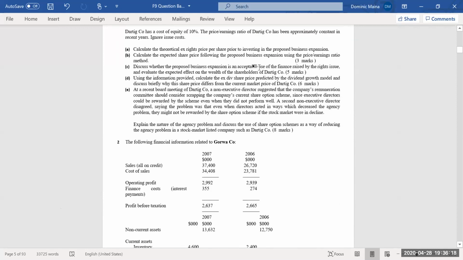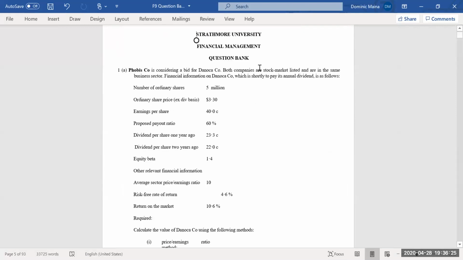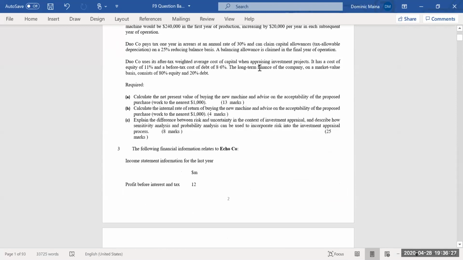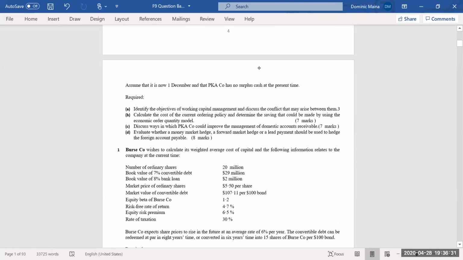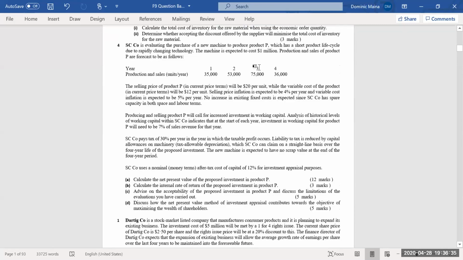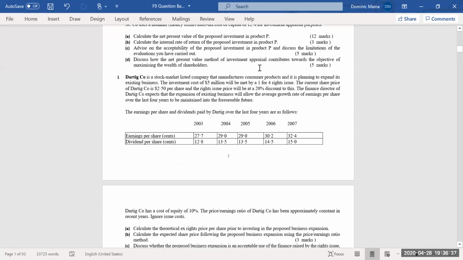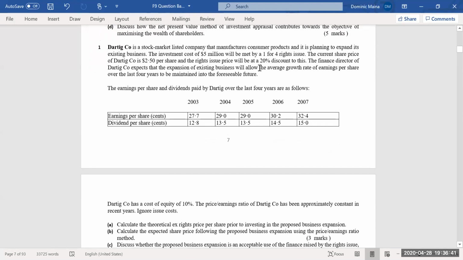We have a rights issue of shares currently, and I guess we have one here, on page 7, on the Datic company.